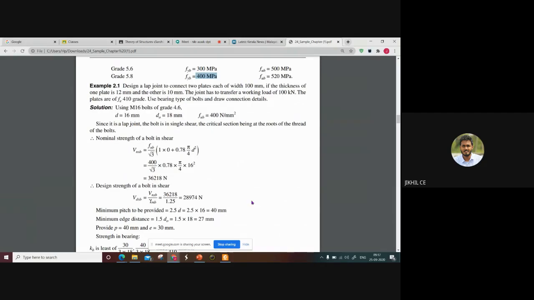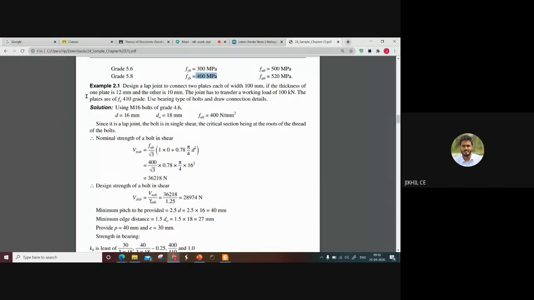Now we will consider this problem. You can write down somewhere. Example 2.1. You are asked to design a lap joint to connect two plates, each of width 100 mm.